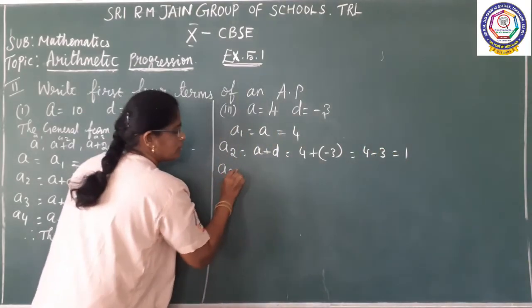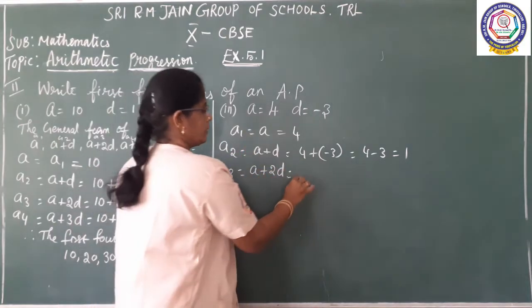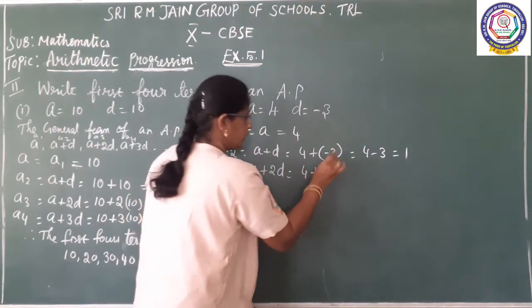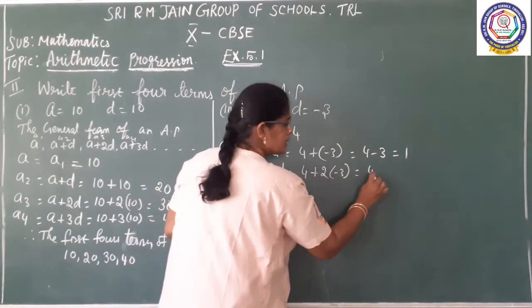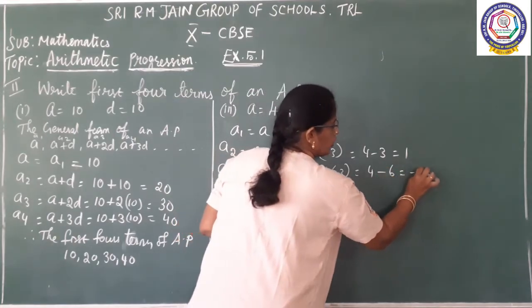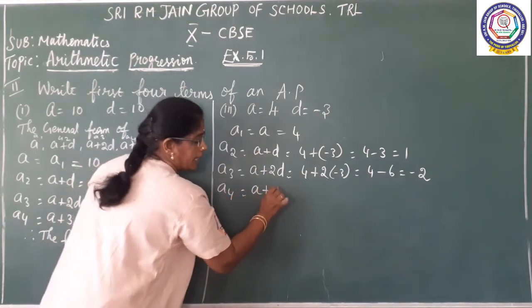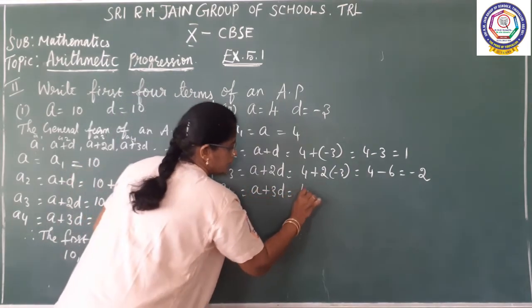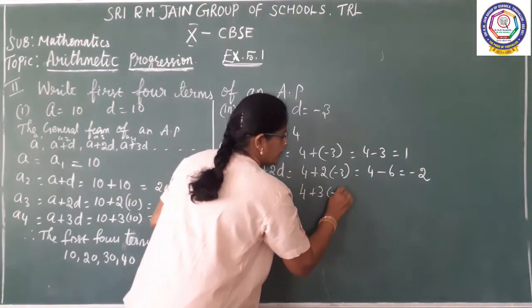Next a3. a3 is equal to a plus 2d. What is a? Given, 4 plus 2 into d, which is minus 3. So 4 plus into minus, 2 3s are 6. So 4 minus 6 is equal to minus 2. Next one, a4. a4 can be written as a plus 3d. a is 4 plus 3 into d, given minus 3.